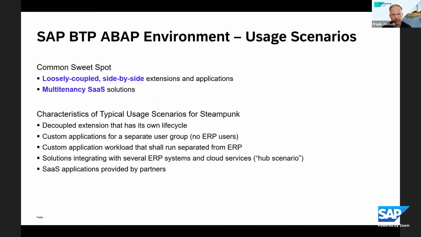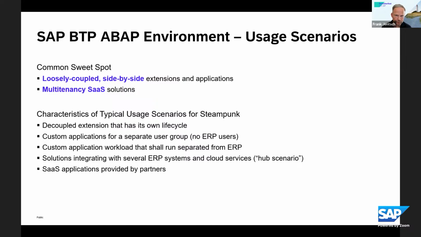So the typical usage scenarios for Steampunk, especially in the customer area, what we saw in the last few years is mainly motivations to decouple the lifecycle from the lifecycle of the core application. Another motivation is to separate new user groups from the core application and therefore to introduce a side-by-side approach.